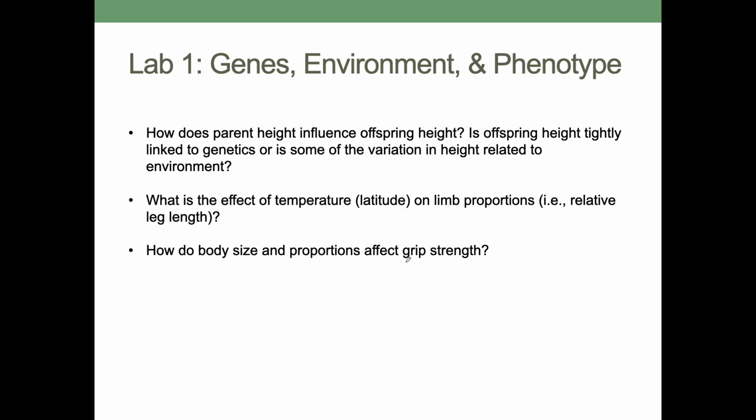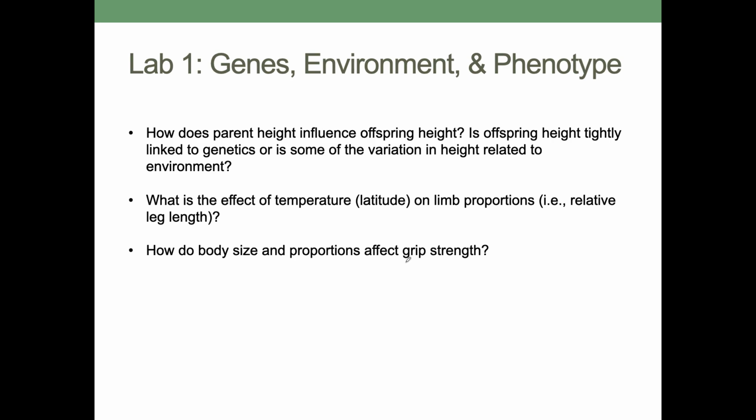I mentioned last lecture that in humans and animals, we observe something called Bergmann's and Allen's rules, where in cold climates, we tend to see shorter, stockier species and populations. And in hotter climates, we tend to see taller individuals with longer legs and longer limbs in general.